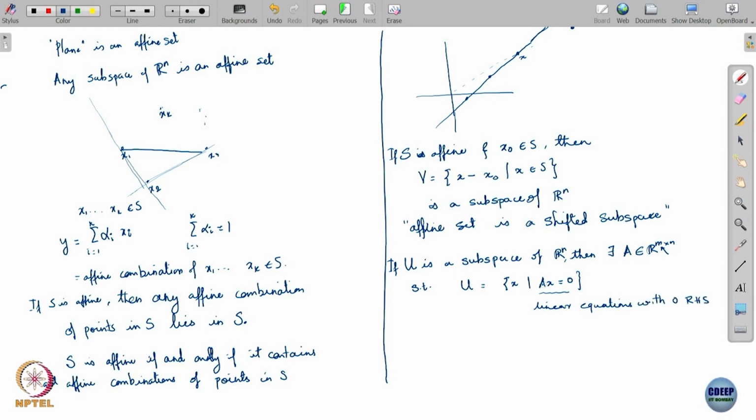Now, what would happen if I shift this? If I shift this, instead of having a 0 on the RHS, what I would get is some other vector on the RHS, right.